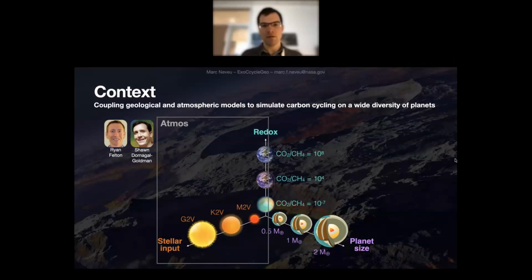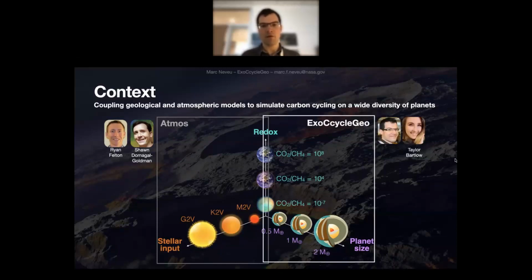And we sought to develop a geologic code that could look at how planet compositions and sizes might affect carbon cycling. So I worked on this with Taylor Bartlow, who was a postdoc student at UMD at the time, and we've been supported by Steve Desch at Arizona State as well.